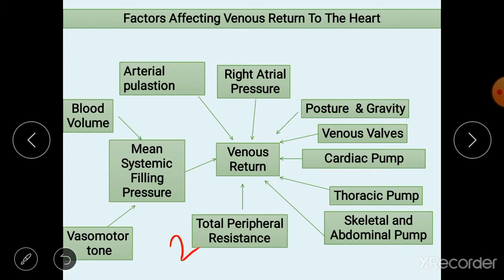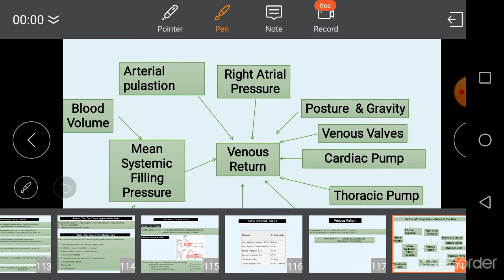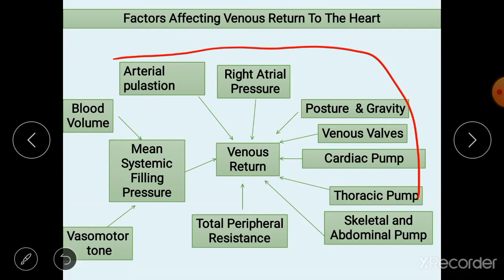It also affects the venous return. Then we have the skeletal and abdominal pump, the thoracic pump, the cardiac pump, the venous valves, the role of posture and gravity, the right atrial pressure, and the arterial pulsations. So let us discuss all of these factors one by one, but if you're asked about the factors affecting the venous return to the heart, you have to mention all of these factors.